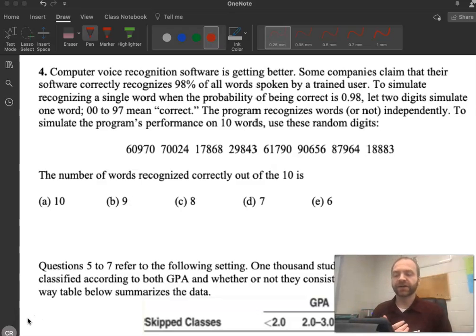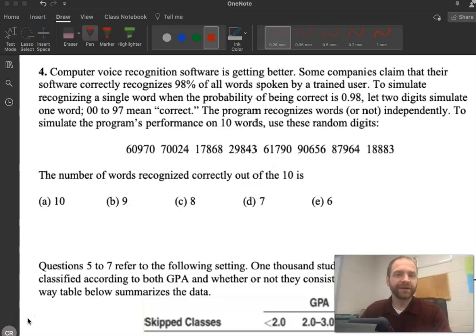Computer voice recognition software is getting better. Some companies claim that their software recognizes correctly 98% of all words spoken by a trained user. To simulate recognizing a single word when the probability of being correct is 0.98. So right now it's telling us the beginning part. Realize this is telling you in the prompt how you should write a simulation.